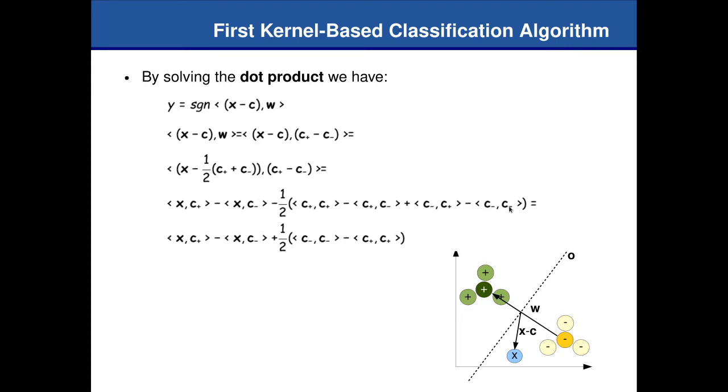What is nice about that is, take a look, we've got C plus C minus, and we've got C minus C plus, and of course the order doesn't matter in this. The result will be the same, and one is negative, the other is positive, so I can cancel out those 2 terms. And I will end up with X dot product, or inner product, if you guys prefer, C plus, minus X C minus, plus.